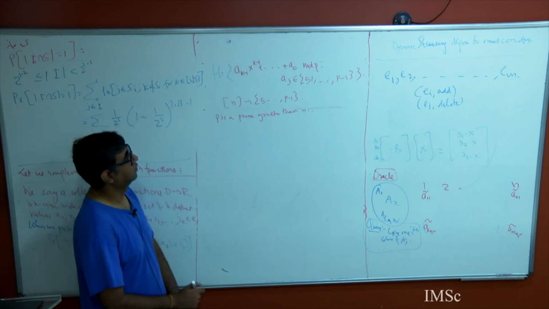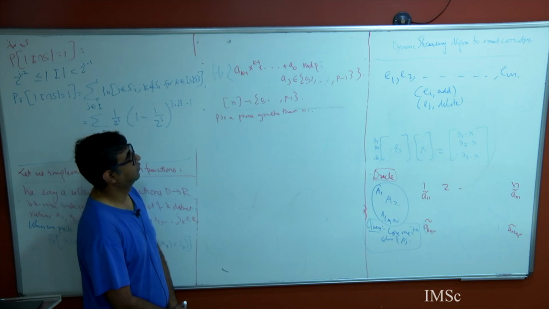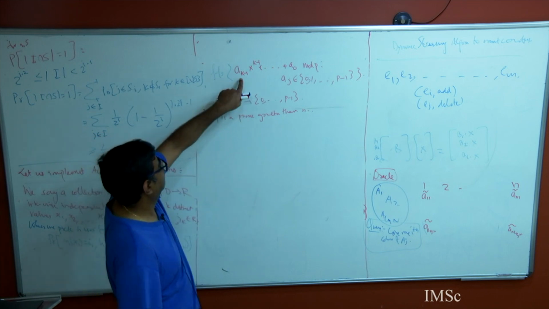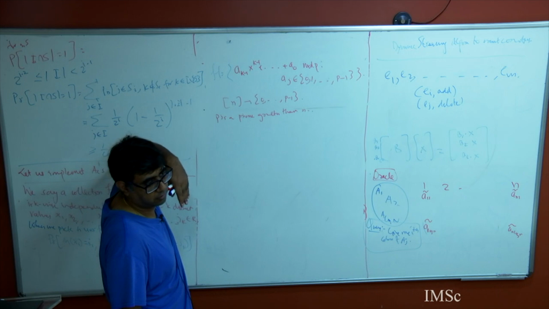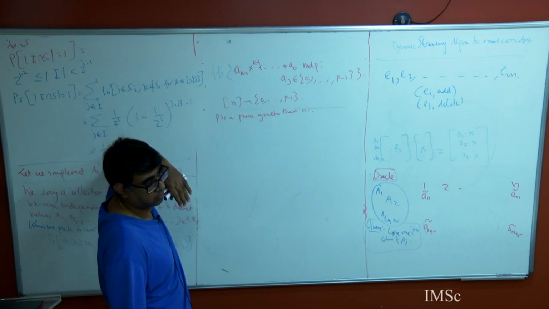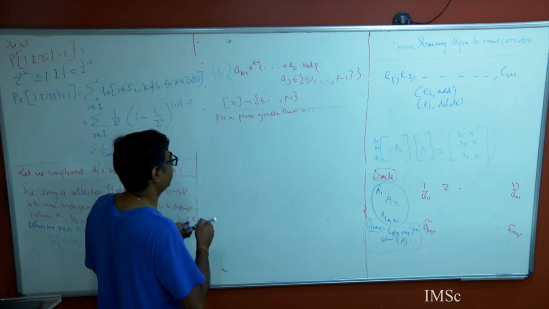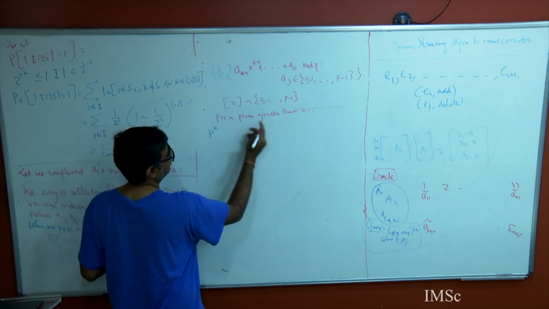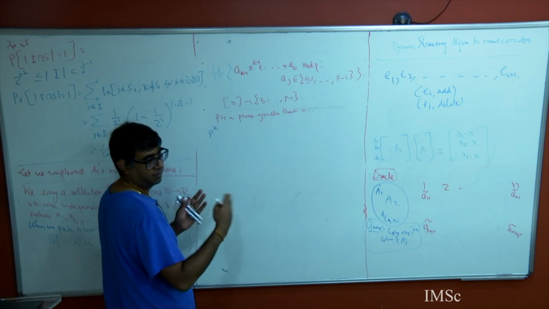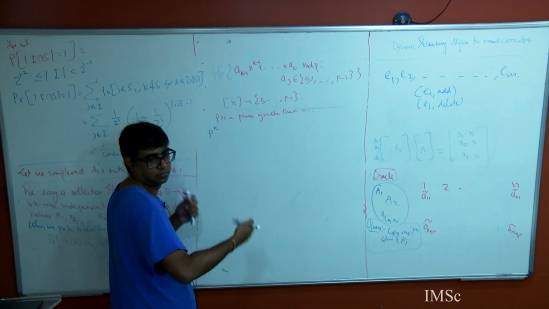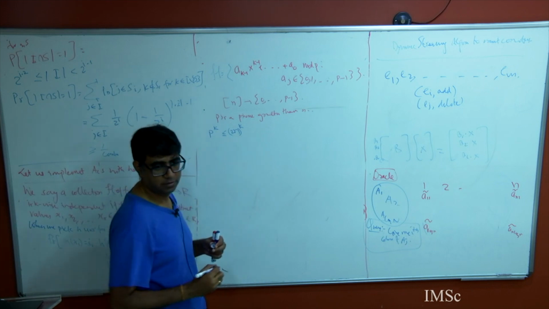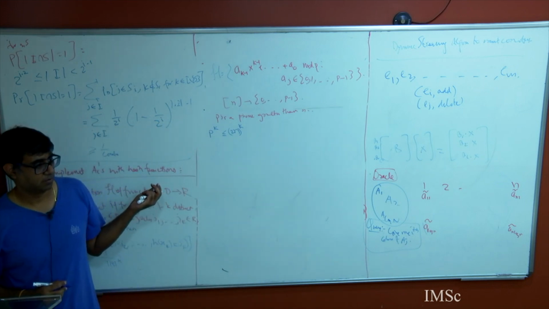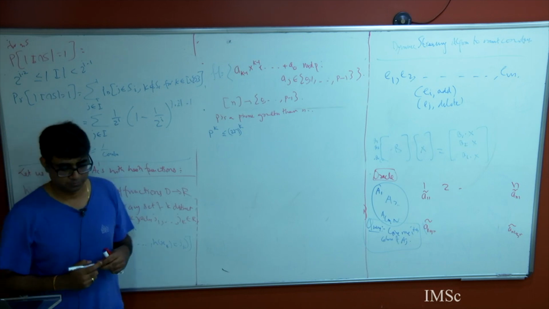The coefficients could repeat also, they don't have to be distinct. So it is roughly p to the power k. And p is some prime greater than n, and you always have a prime between n and 2n, so it is at most n to the power k. So for k equal to 2, it is polynomially many, roughly n squared.